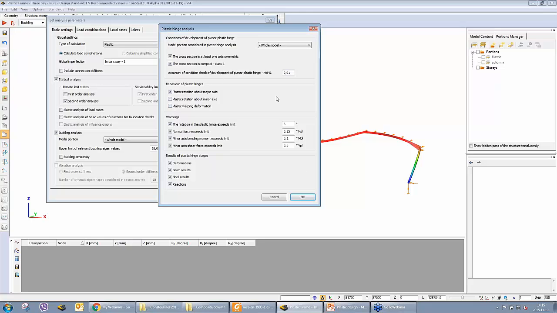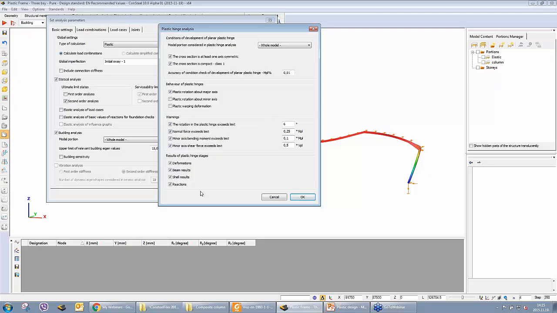Then there are warnings about the normal force, minor axis bending and minor axis shear, and rotation in the plastic hinge, where to notify us and at which value. So if the rotation is higher than now 6 degrees, then we get a notice, a warning message.